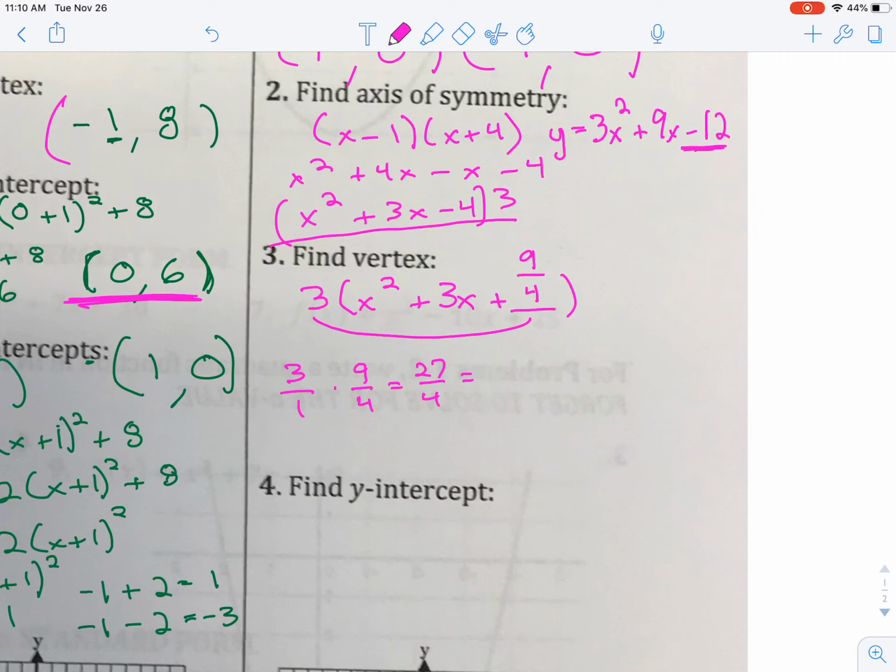All right. So what I would do next is I would get this as a decimal. So in your calculator, go like 27 divided by 4. And that's going to give you 6.75. So we really added 6.75, but we needed to take away 12. So that means we need to take away 18.75, because 6.75 minus 18.75 is going to be equal to negative 12.